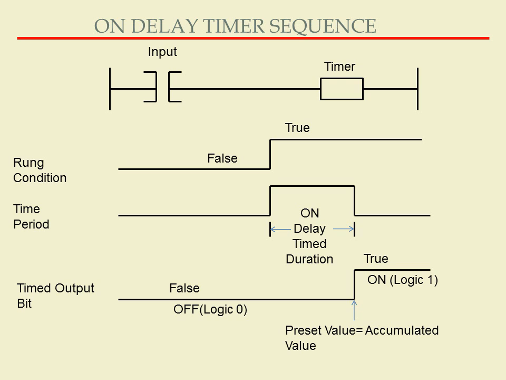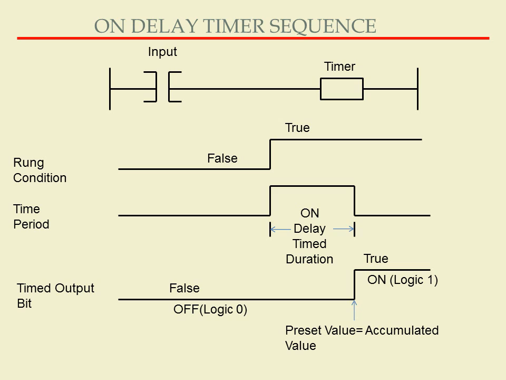Then timed output bit: it is false for the duration when the switch is off and when the timer is running, but when the timer is timed out, the timed output bit will be true. So preset value will be equal to accumulated value at that time, and it will become true.